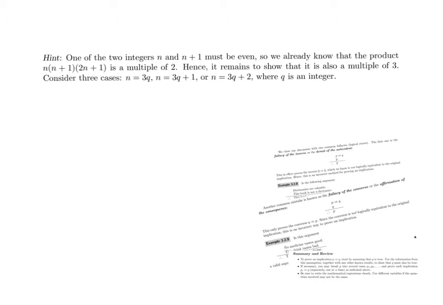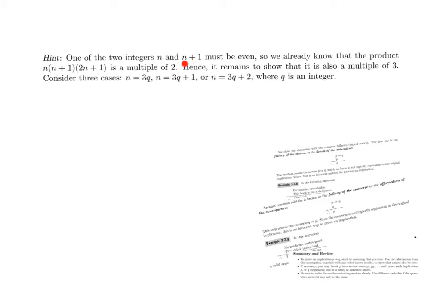A helpful hint for that last problem is that one of the two integers, n and n plus 1, must be even. So we already know that the product n times n plus 1 times 2n plus 1 has to be a multiple of 2. You can't have two consecutive integers where both of them are odd.